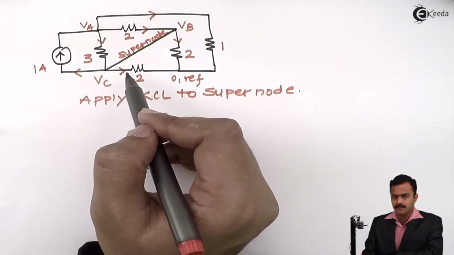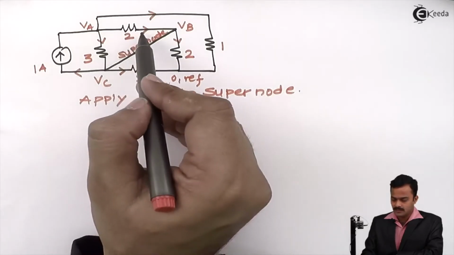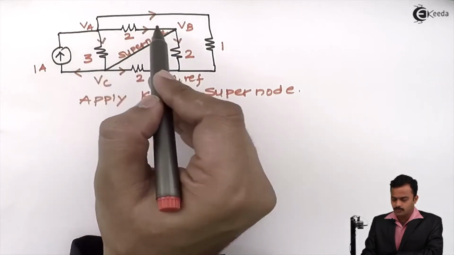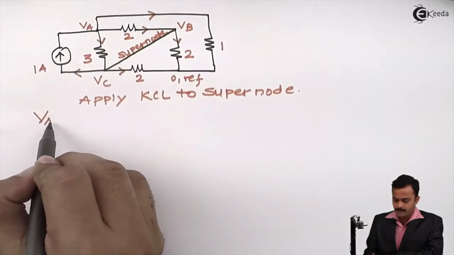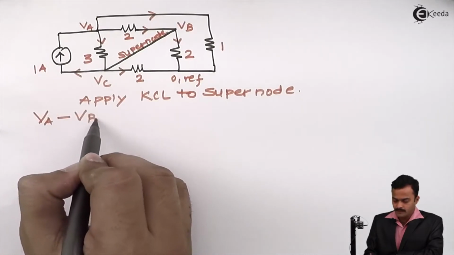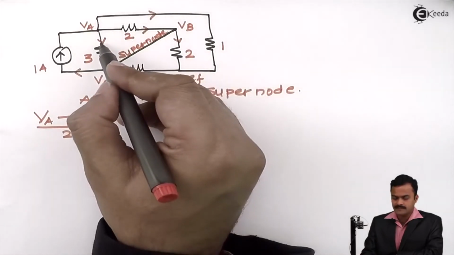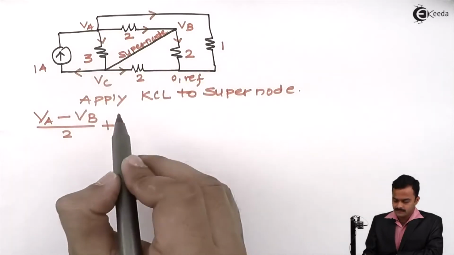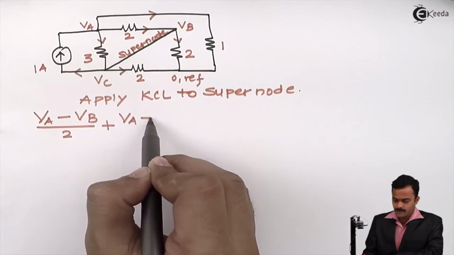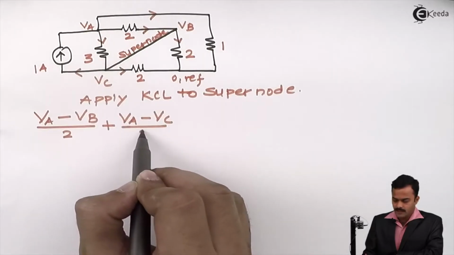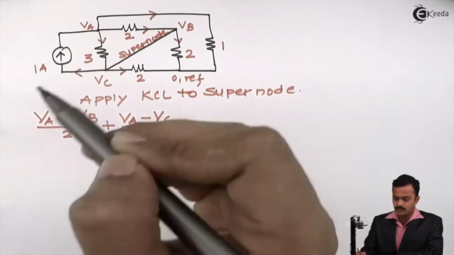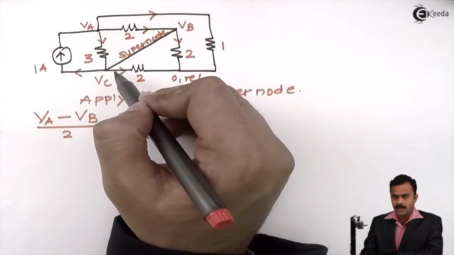So let's write the equation for incoming currents. This is the incoming current A to B, so VA minus VB divided by 2. Another incoming current is this 3 ohm current, so VA minus VC divided by 3, equal to the remaining 3 outgoing currents.